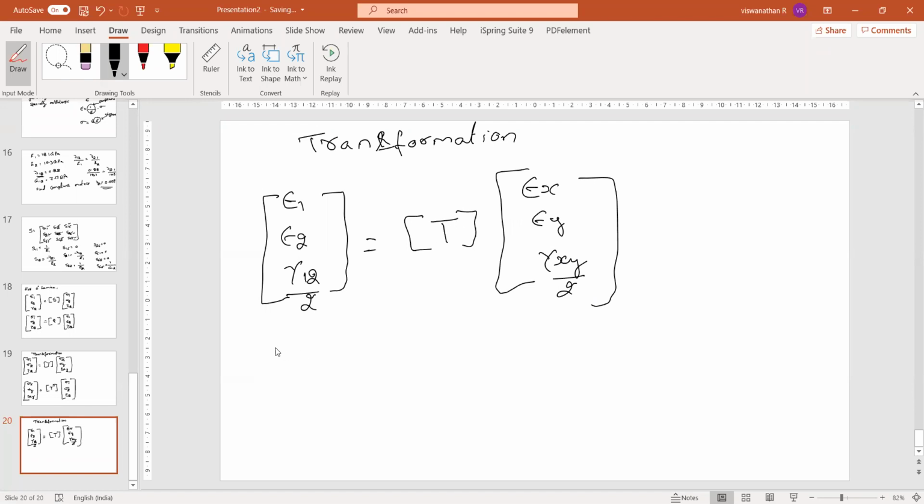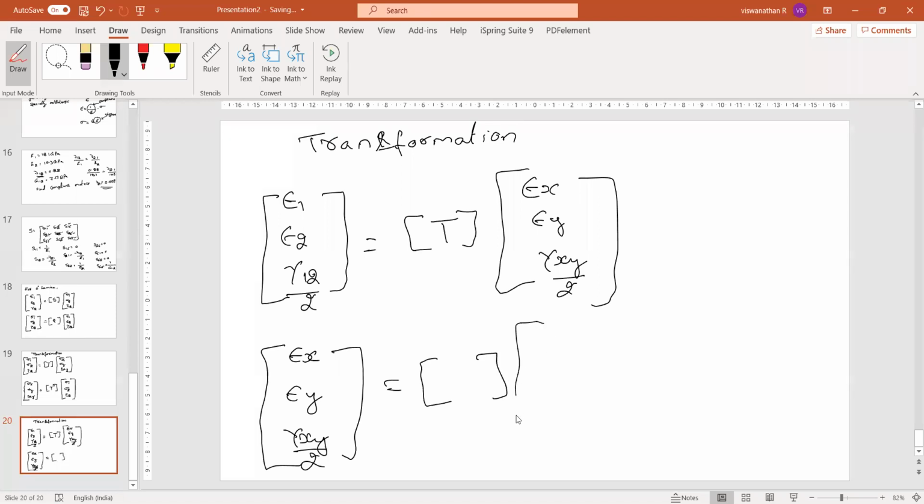Transformation. So we have epsilon x, epsilon y, gamma xy by 2. This side it will be the reverse of that, so this will be epsilon 1, epsilon 2, gamma 1 2 by 2. What is this? Inverse transformation.